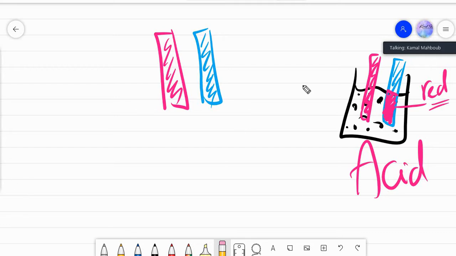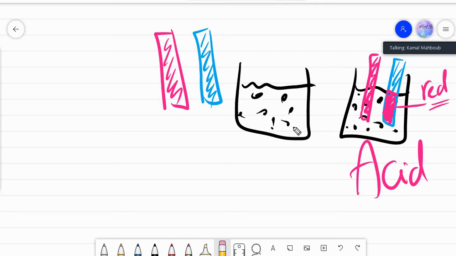What about another liquid? I will use the same 2 papers here, the blue one and the red one, in this liquid. Now the red one becomes blue, turns to blue.